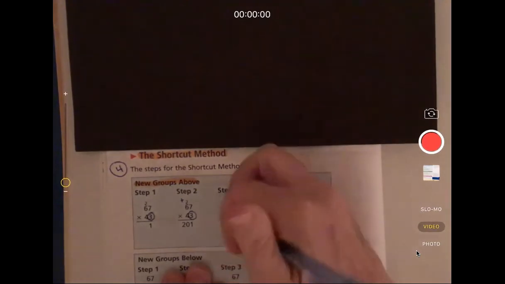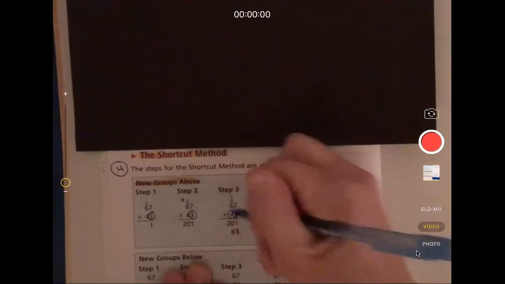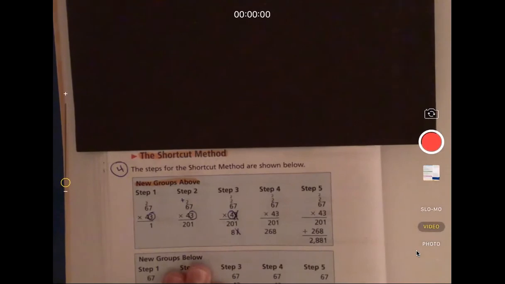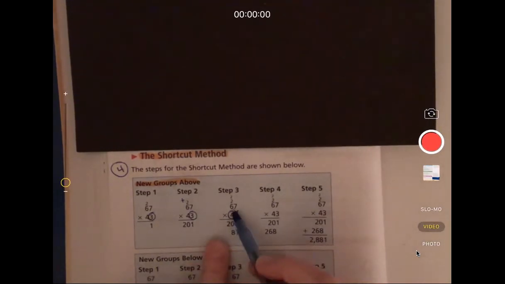Now the 4 is in charge, starting in step 3. The 4 goes diagonally first. It has to go over to the 1s. So 4 times 7 is 28. My 8 comes down, and I show my 2 new groups up on the top, okay? Then the 4 gets to go to the 6.